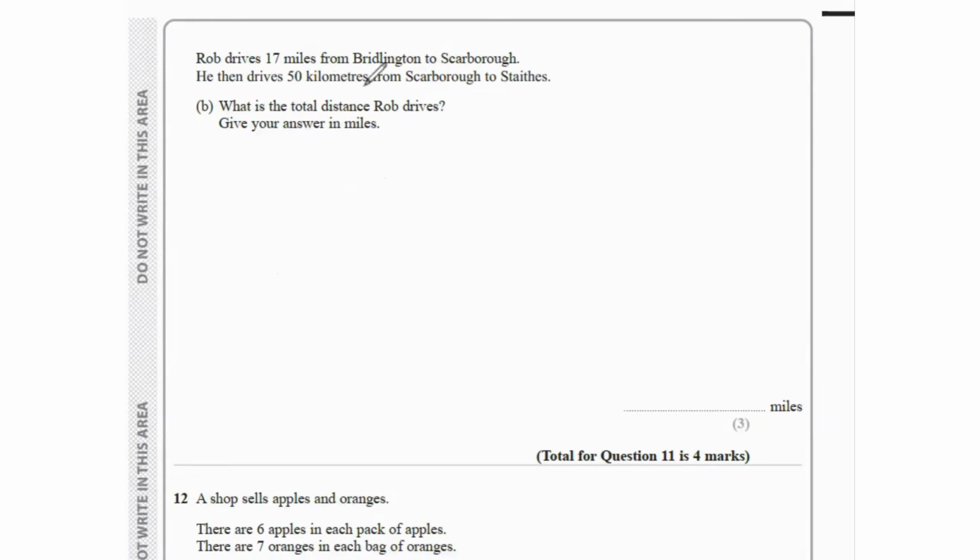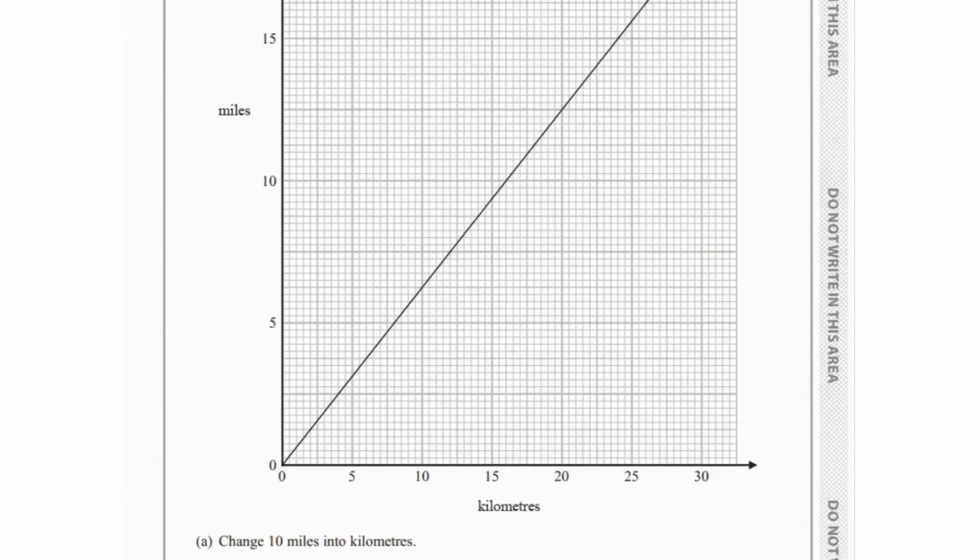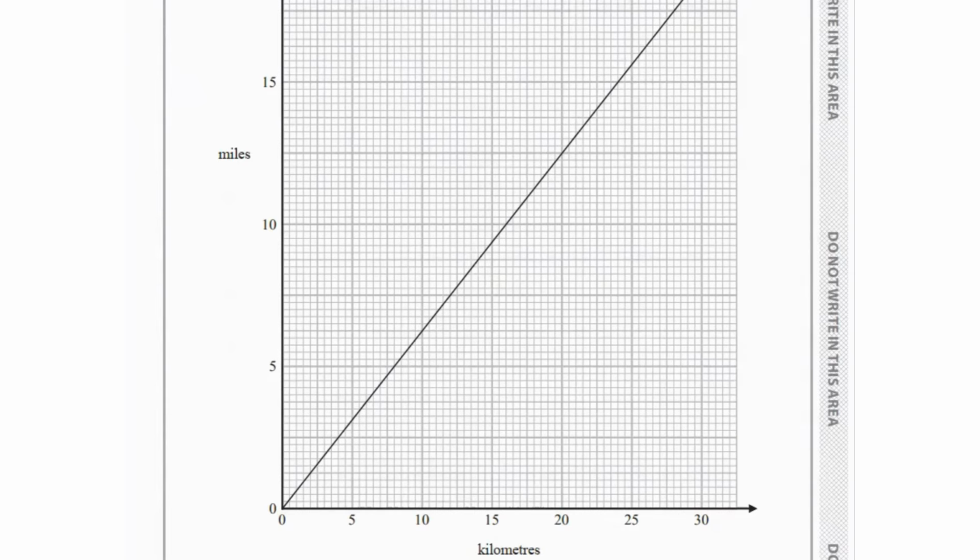So we have to convert the 50 kilometers into miles. So what we can do is we can check what is 25 kilometers equal to. 25 kilometers is 15.5 miles. So we need to find how many miles are in 50 kilometers.